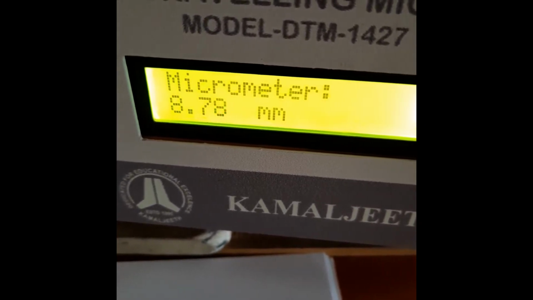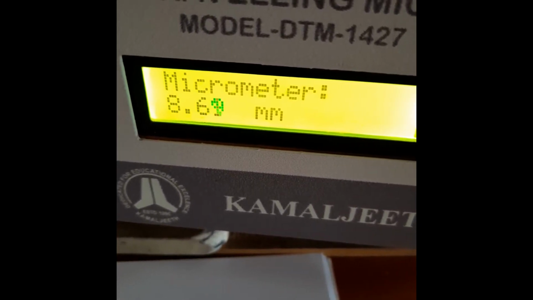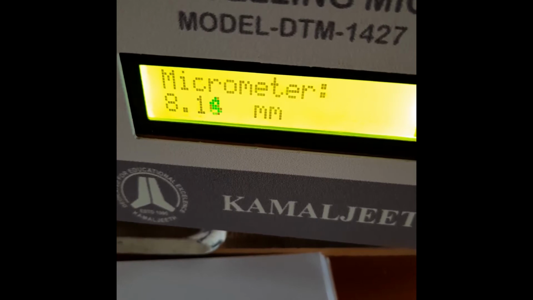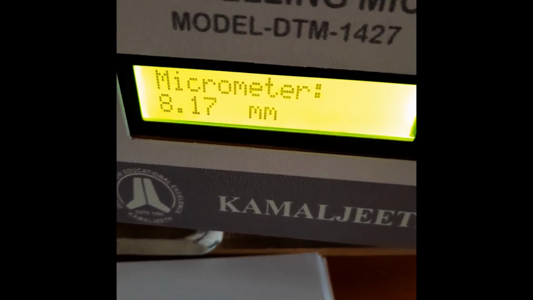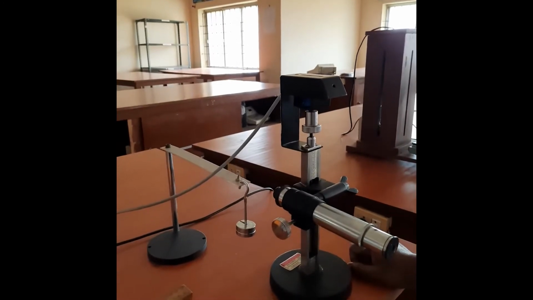It is decreasing slowly. For 8.17, it is focused to the crosswire. You cannot see that in the picture. So it is focused to the crosswire for 8.17.